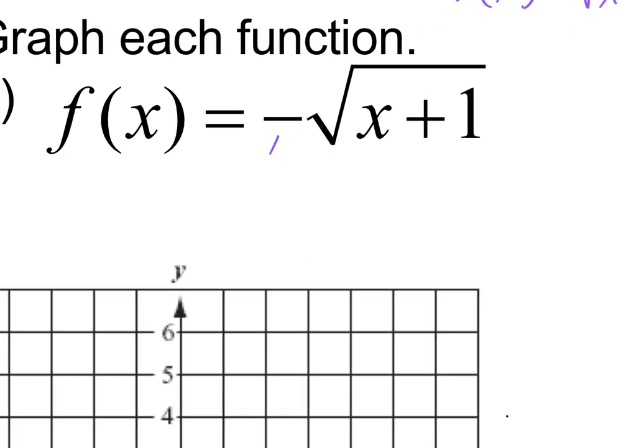What's the negative on the front do? Reflection over x-axis. It flips it upside down is what it looks like. But when you're describing it, you have to say it that way. Reflection over the x-axis. What's the plus one inside doing? It's a translation to the left one.